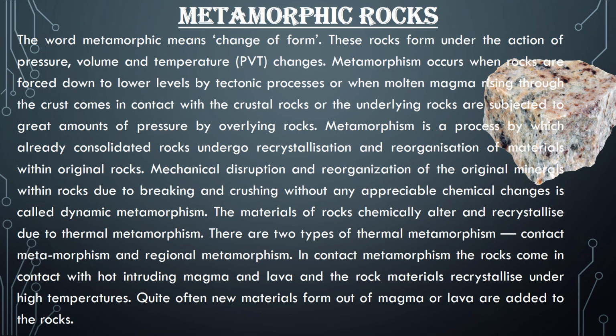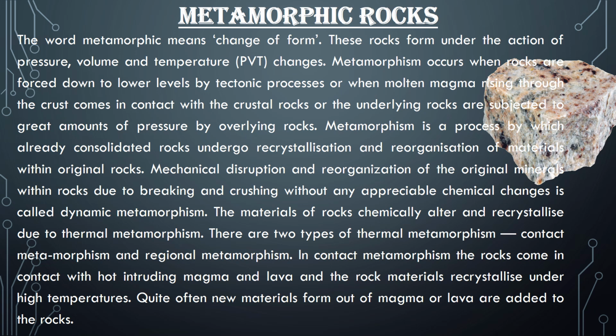Metamorphic rocks. The word metamorphic means change of form. These rocks form under the action of pressure, volume, and temperature, PVT, changes. Metamorphism occurs when rocks are forced down to lower levels by tectonic processes, or when molten magma rising through the crust comes in contact with the crustal rocks, or the underlying rocks are subjected to great amounts of pressure by overlying rocks.